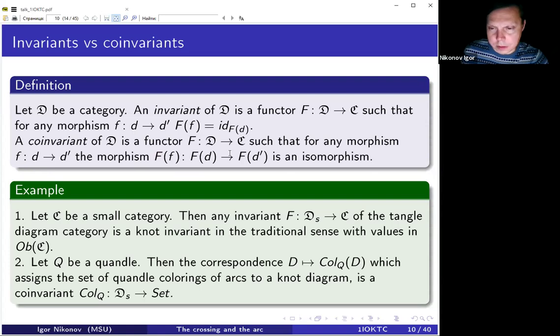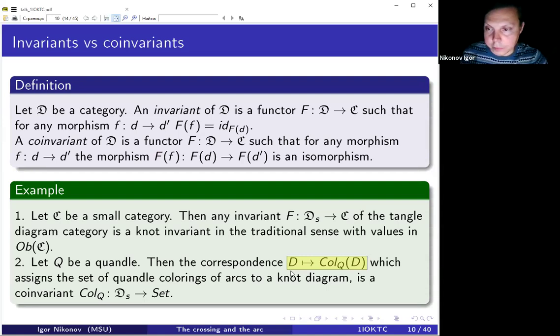An example of such a co-invariant is, for example, quantum covariance, when we assign to each diagram the set of covariance by some quantum Q. And for diagrams which differ by Reidemeister moves, we have an isomorphism between the sets of covariance.